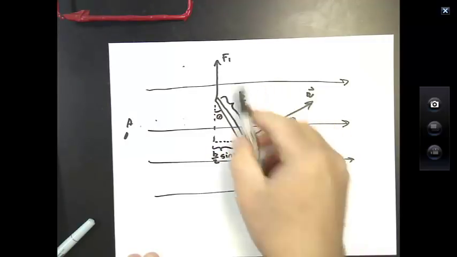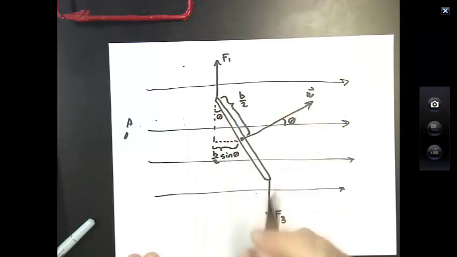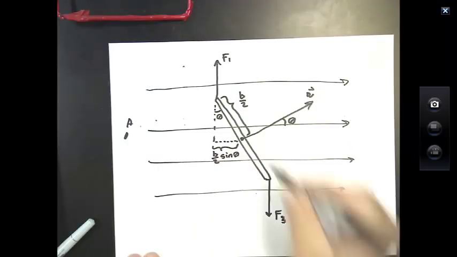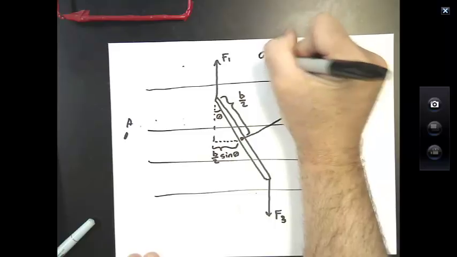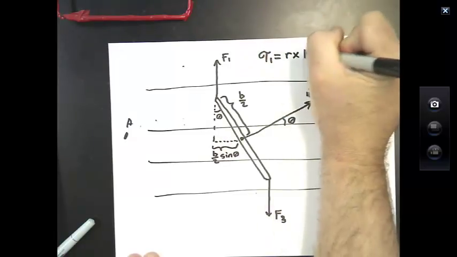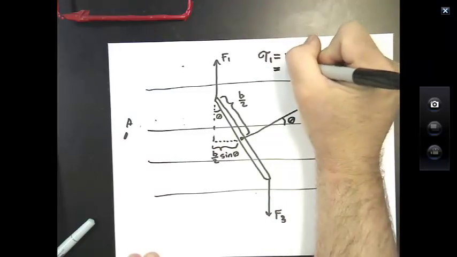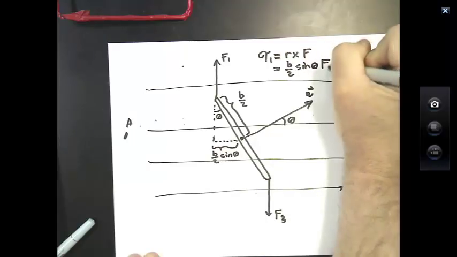Okay, so in other words, I've got a force, and it's located a perpendicular distance of B over 2 sine theta away from the pivot point. So that means the torque created by that force, R cross F, is going to be B over 2 sine theta times F1.